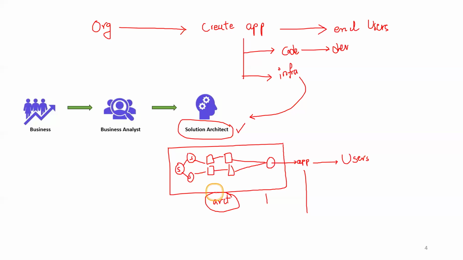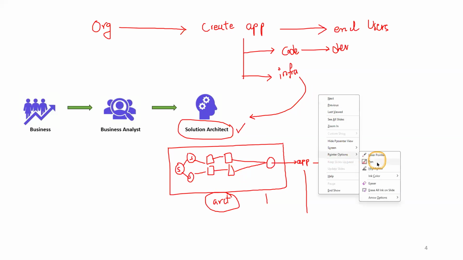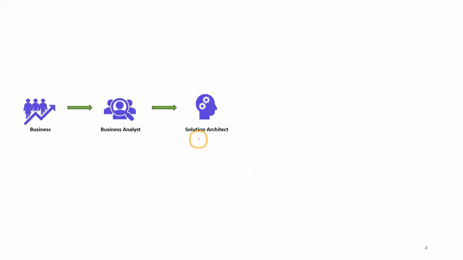Whatever infrastructure is mentioned in the architecture diagram has to be available in the company. Yes or no? Can you guys tell me, in the traditional working model, where this infrastructure has to be available?